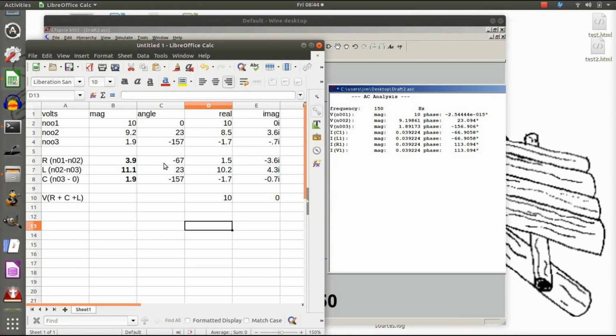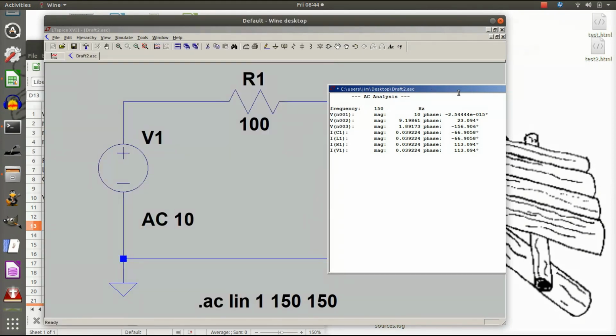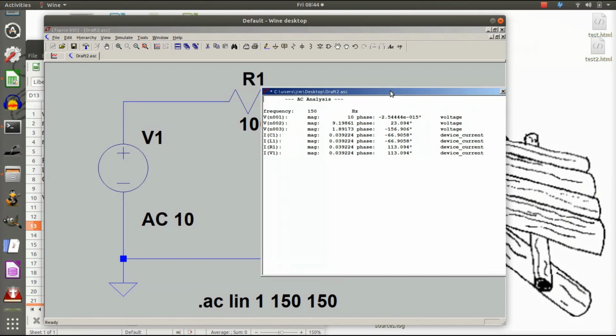Now if you measured it with a voltmeter, the voltmeter would read that magnitude. That's why I made it bold. I did the same thing with the voltage drop across the inductor, and if you read with a voltmeter the voltage across that inductor, you'd get 11.1 volts. So you get 3.9 across the R, 11.1 across the inductor, and 1.9 there across the capacitor.